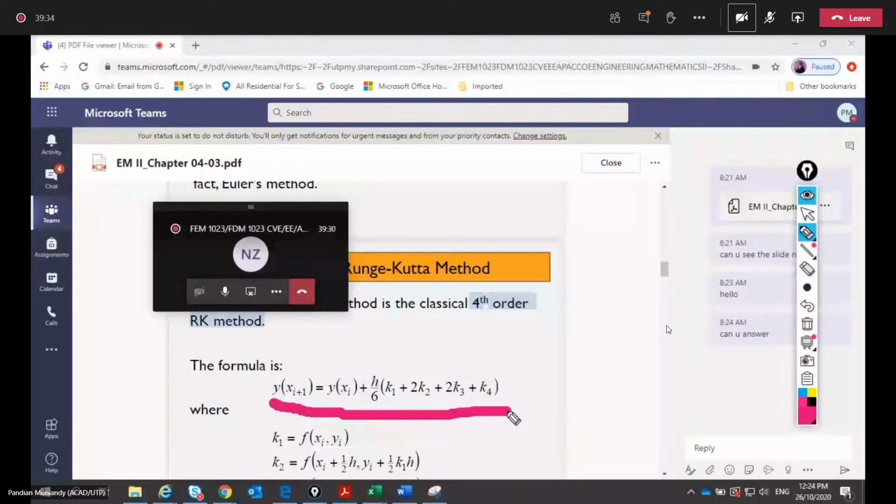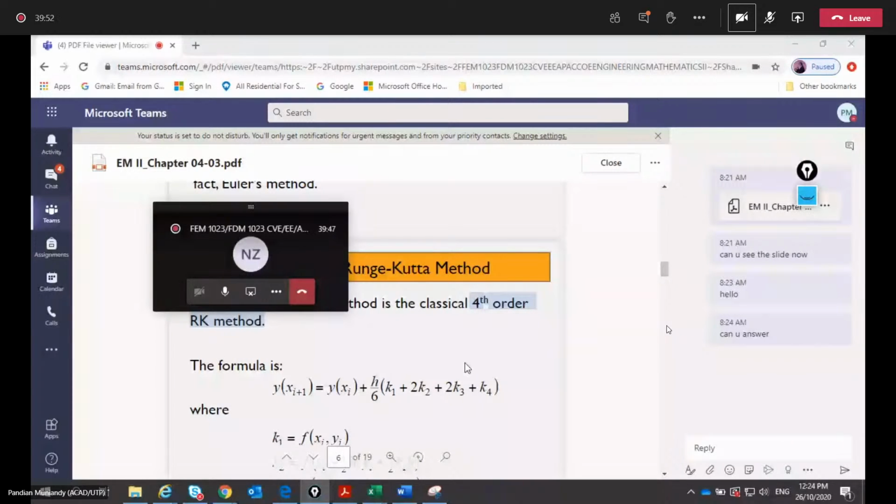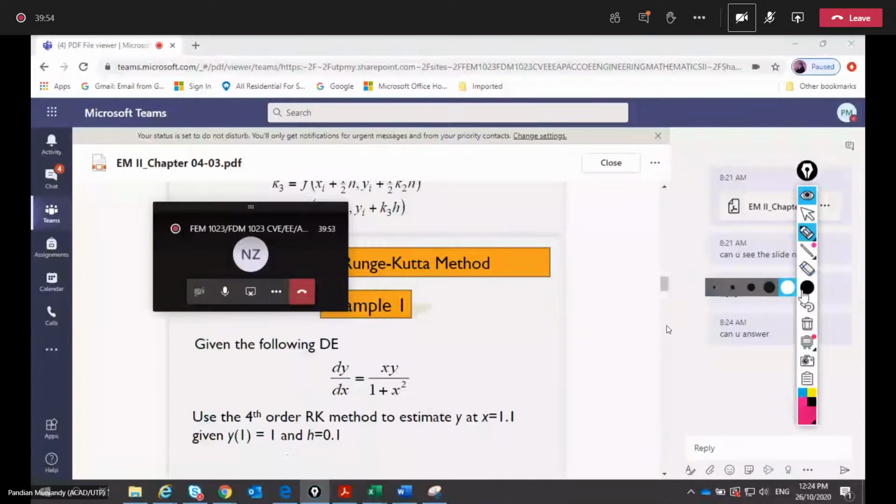This equation is sufficient for you to use, and then the k1, k2, k3. Since there is not much theory behind it, we straight away solve problems. That's why engineers like this method, because it solves the problem.